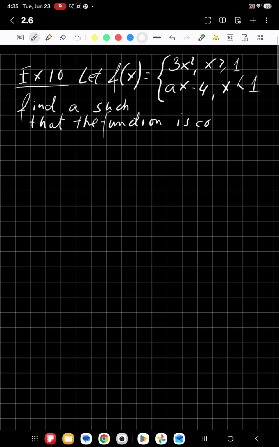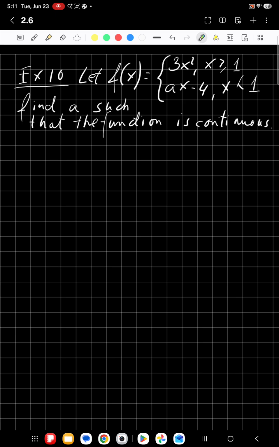Again, the only point of discontinuity could be this one, because both of those functions, 3x squared and this linear function, are continuous.